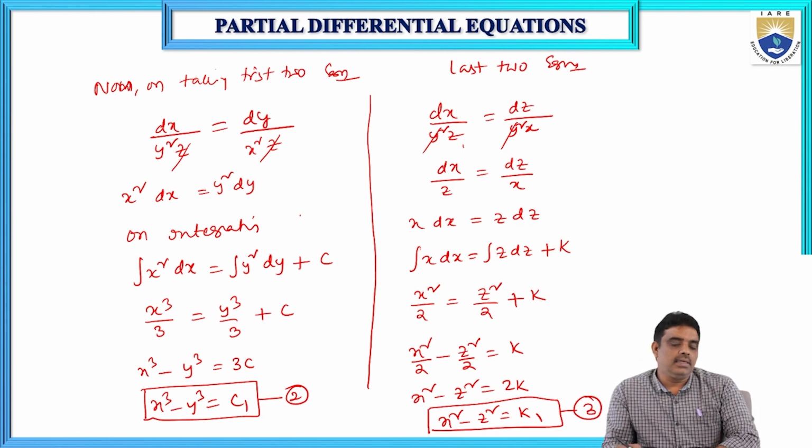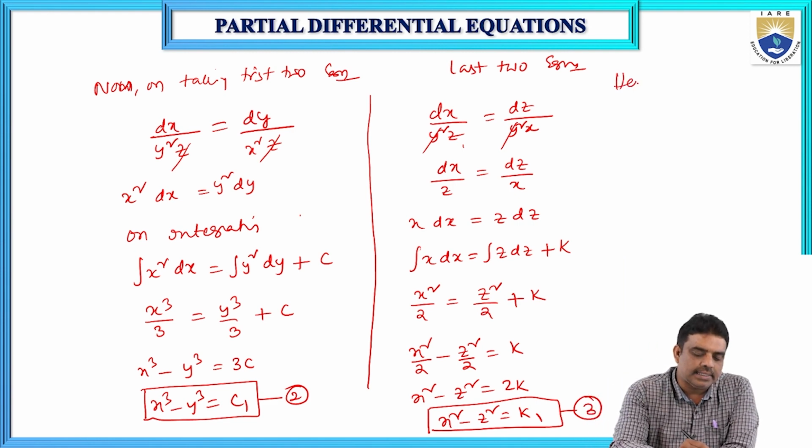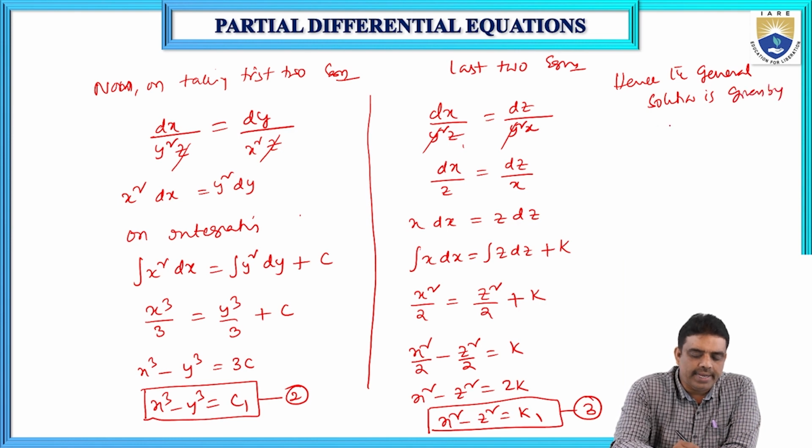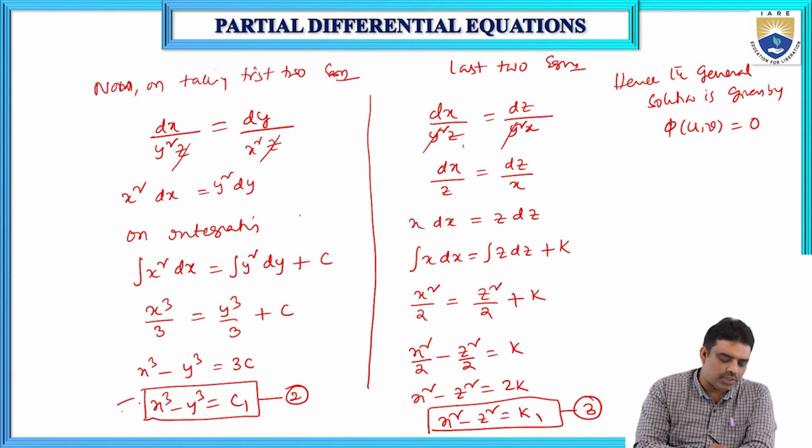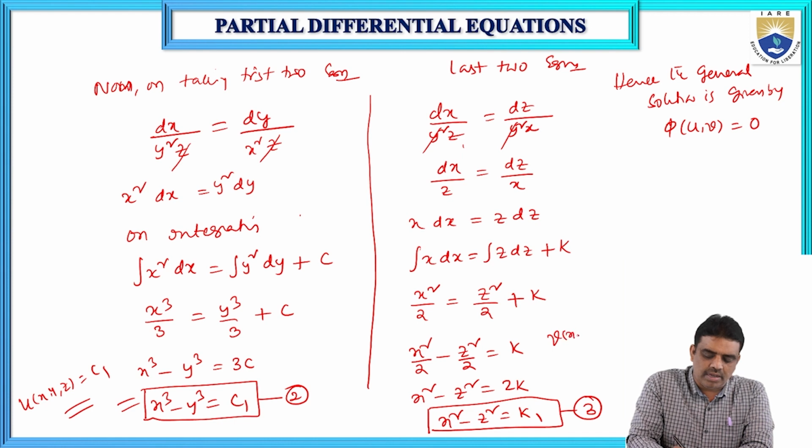So now what is the general solution? Hence, the general solution is given by phi of u comma v is equal to 0, where u of xyz is equal to c1, that is the first solution, and the second solution is v of xyz is equal to some k1.